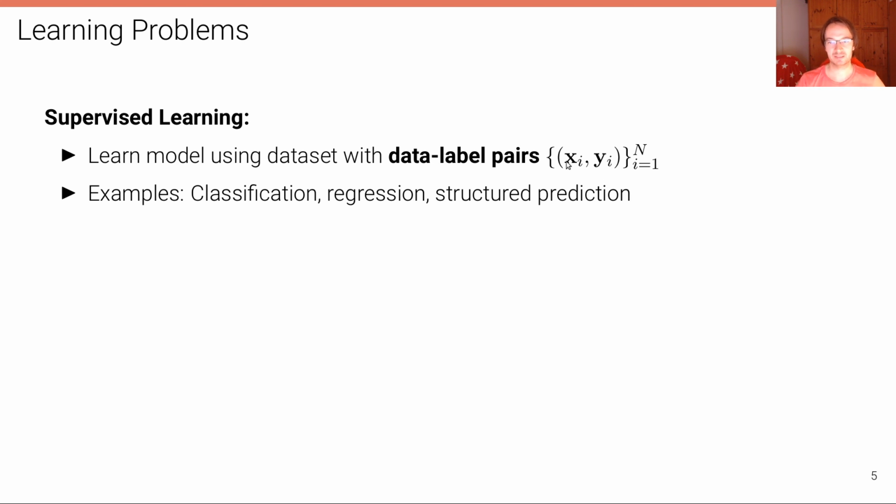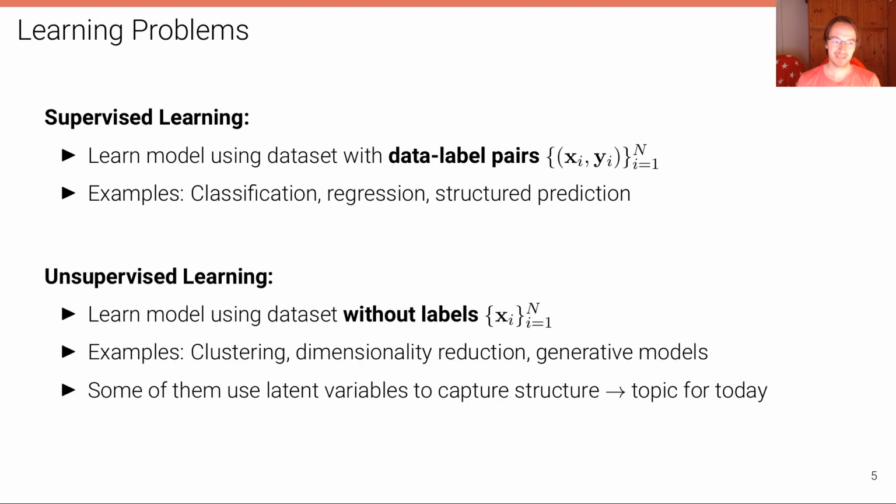We always had an input and an output for a particular data point. So we always had a tuple, xi and yi, where n is the number of data points. Examples for this are image classification, regression, structure prediction, predicting structures on graphs, for instance, predicting certain signals, semantic segmentations for images, etc. In all of these cases, we always have a data set where we need inputs and desired outputs.